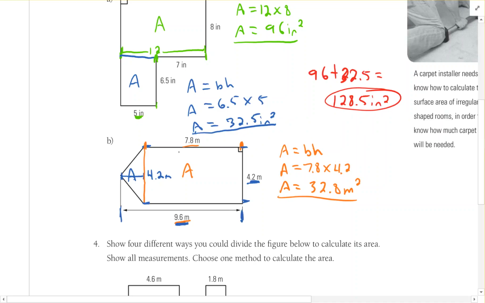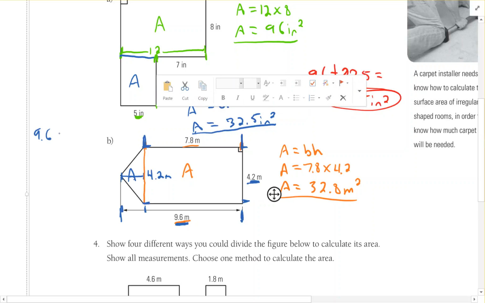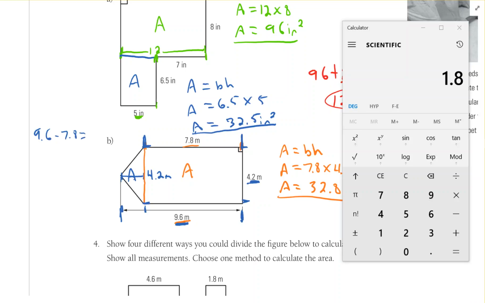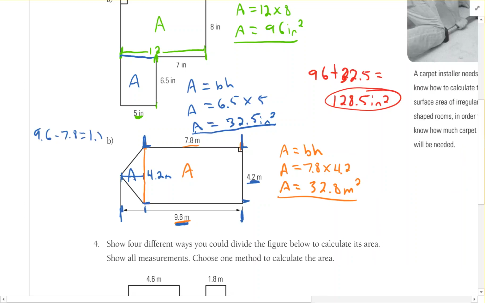And I know that it's 7.8 from there to there. So if I subtract those two, what I should have left is the distance from there to there, or the height there. So I'm just going to go 9.6 minus 7.8, which is equal to 1.8. So I know my height here is going to be 1.8.